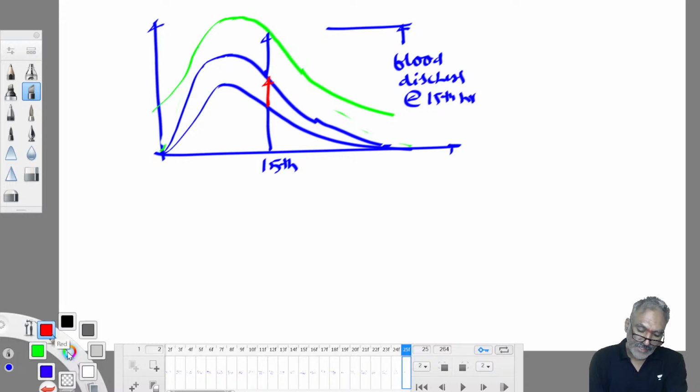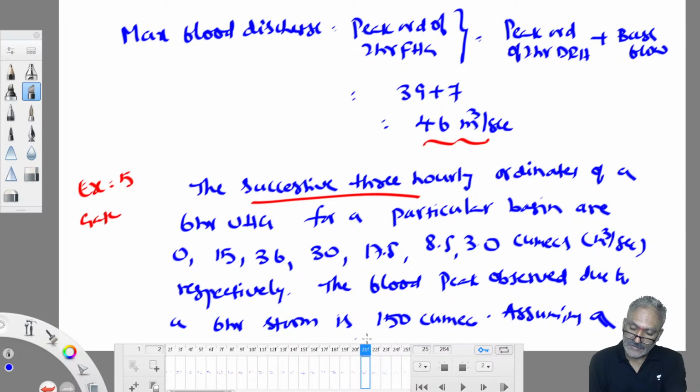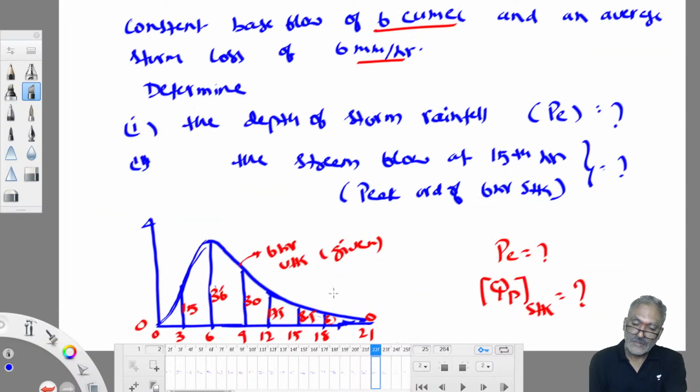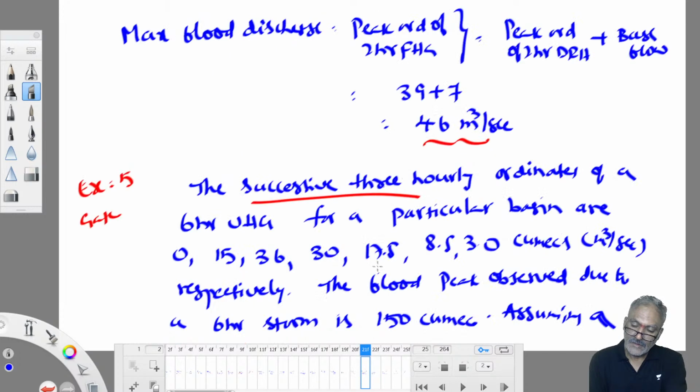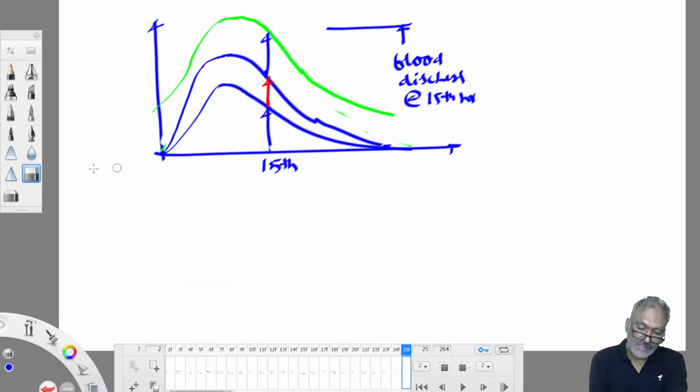So what is the ordinate of the unit hydrograph at the 15th hour time interval? It is 8.5, it is given here.